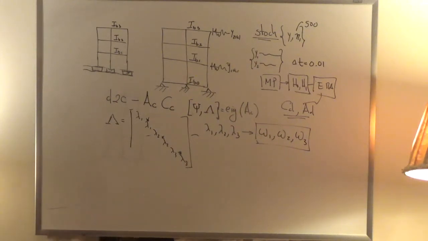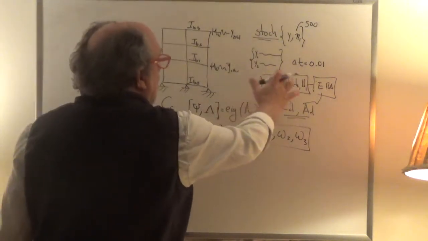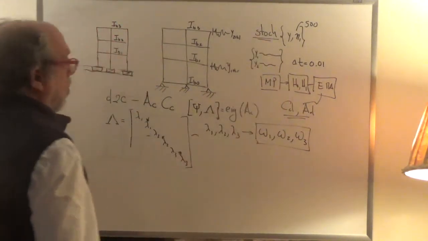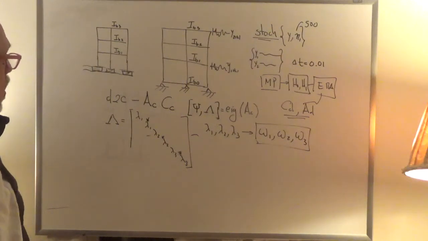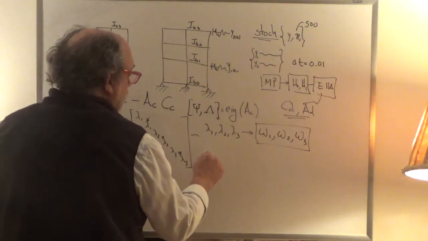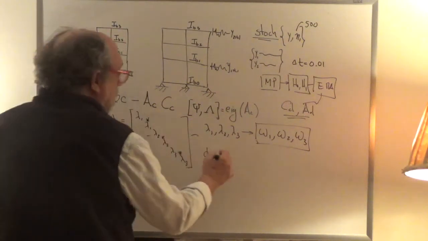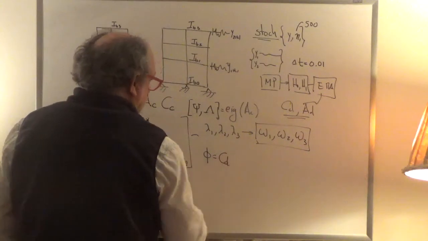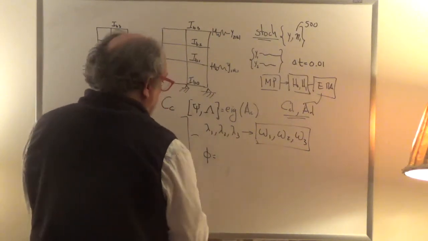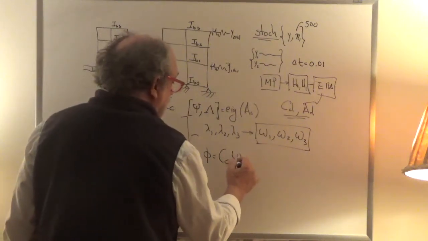So far, this is something you've done before, the only distinction being that here the identification was done using just the output. Now, we're going to go a little bit further. We're going to calculate the mode shapes by multiplying your CD, or your CC, which is the same thing, but just to be consistent, times these mode shapes.